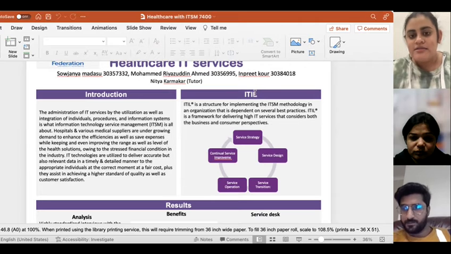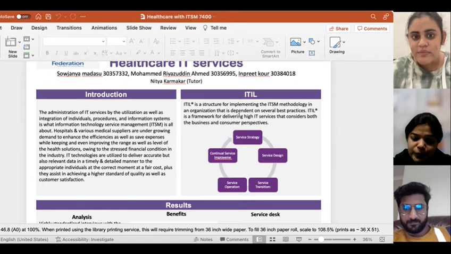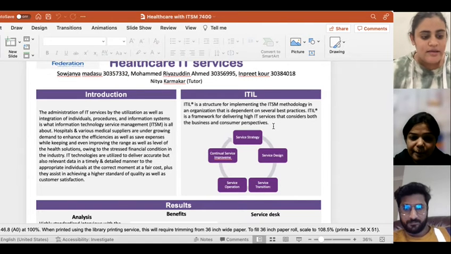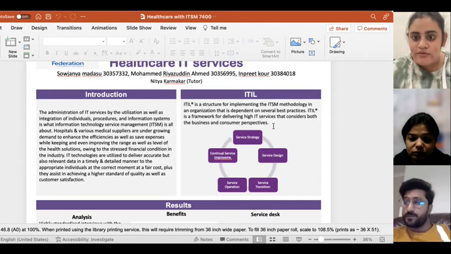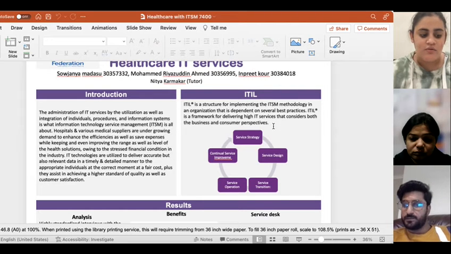ITIL sets the rules for its process: service strategy, service design, service transition, service operation, and continual service improvement. These are the procedural steps for how IT service management should work. Management can only work if there is a schedule and planning. It explains what processes service management has to follow and what tasks they have to do to make improvements.